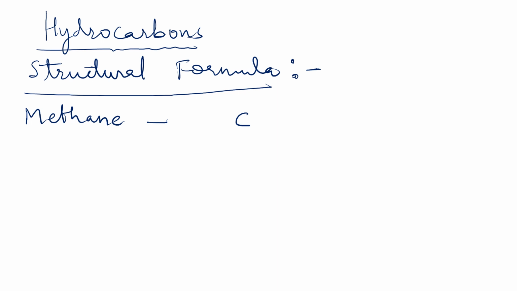We all know that carbon has a tendency to form four bonds to complete its octet and attain stability. So carbon has four bonds with hydrogen. The lines which we have drawn here represent the covalent bond.